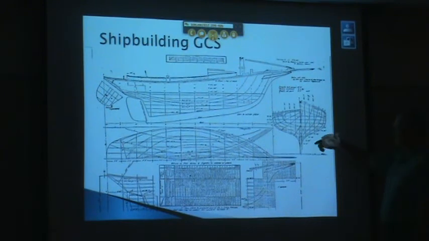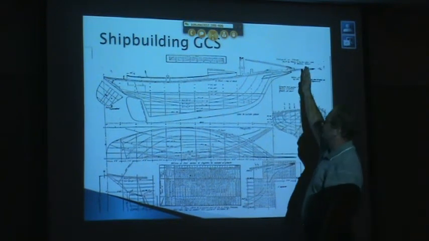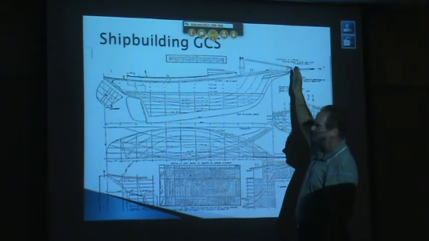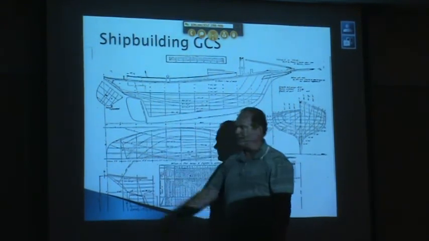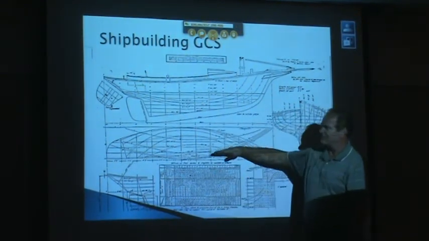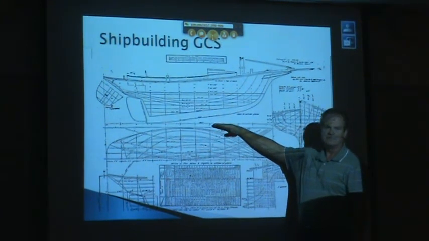The water lines are all of these horizontal lines in this right side view. Station lines are the things that run from the tip of the ship all the way down. And the butt lines are the things that go from the center of the ship outward.